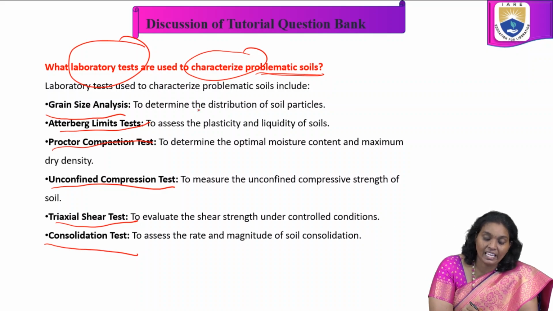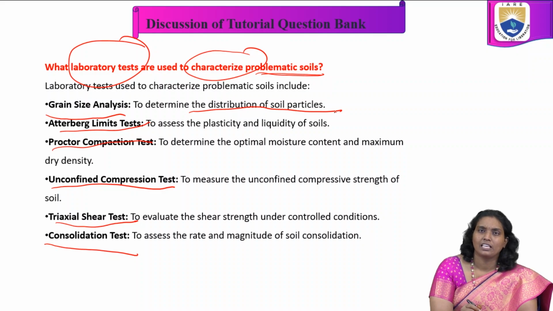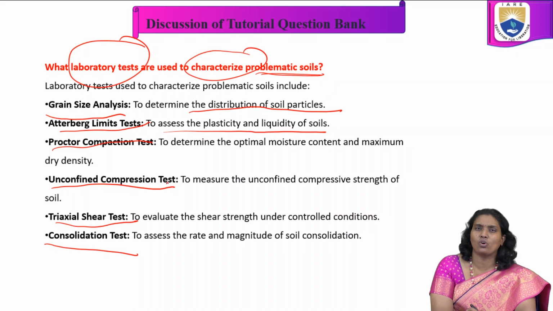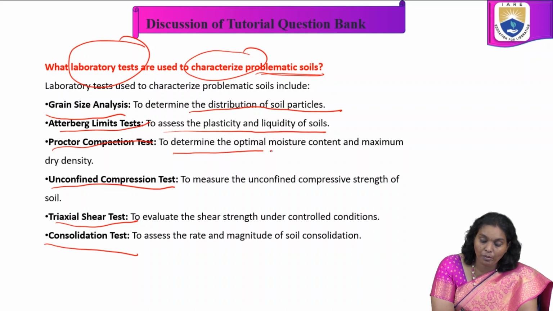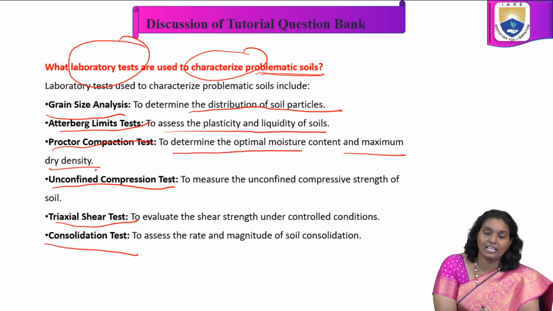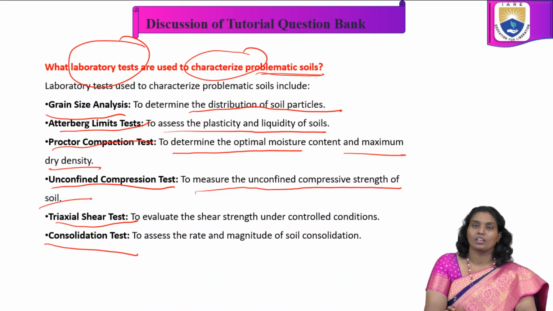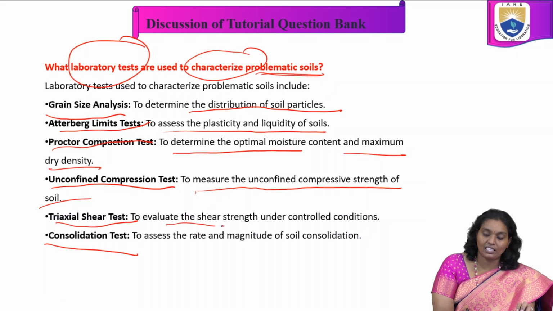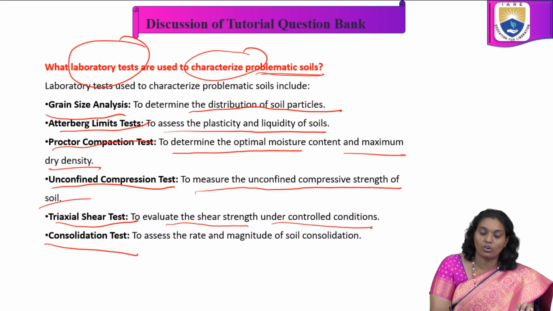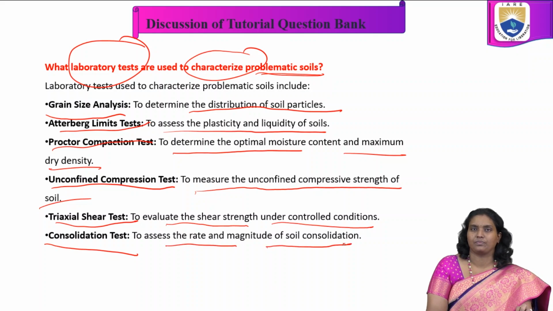Grain size analysis determines the distribution of soil particles; Atterberg limit test assesses the plasticity and liquidity of the soils; Proctor test determines the optimum moisture content and maximum dry density; unconfined compression test measures the unconfined compressive strength of soil; triaxial shear test evaluates the shear strength under controlled conditions; consolidation test assesses the rate and magnitude of soil consolidation.